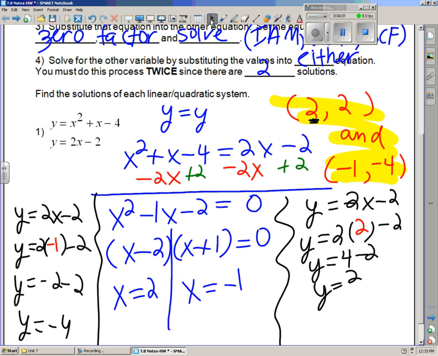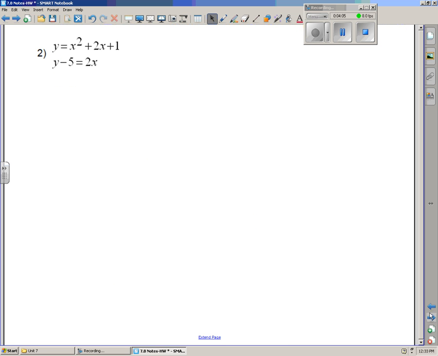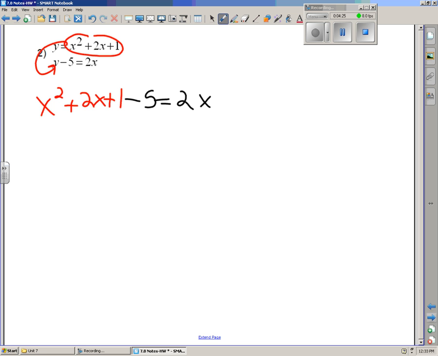Let's try another one. Y equals x squared plus 2x plus 1, y minus 5 equals 2x. I'm just going to take what this y is, and I'm going to dump it in for this. So x squared plus 2x plus 1 minus 5 equals 2x.